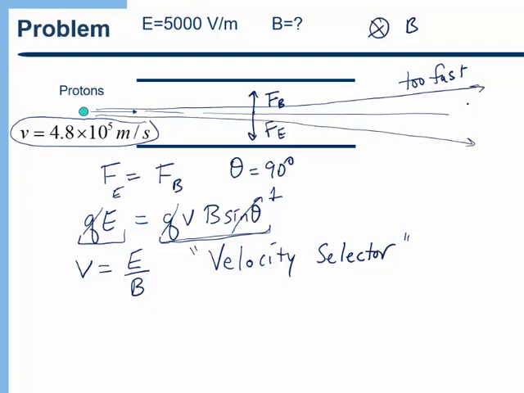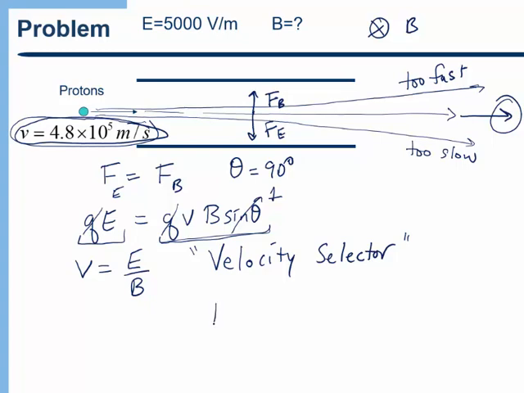So a particle that's going too slow would end up down here. And so only the particles that are going at the particular speed we want will go straight through. And we now have a way to get electrons or protons, whatever particle we want, to make sure we just have the speed that we want for those particles. So it's called a velocity selector for that reason.